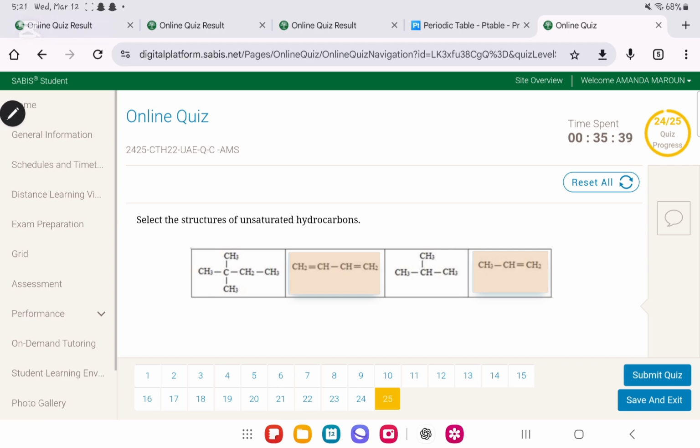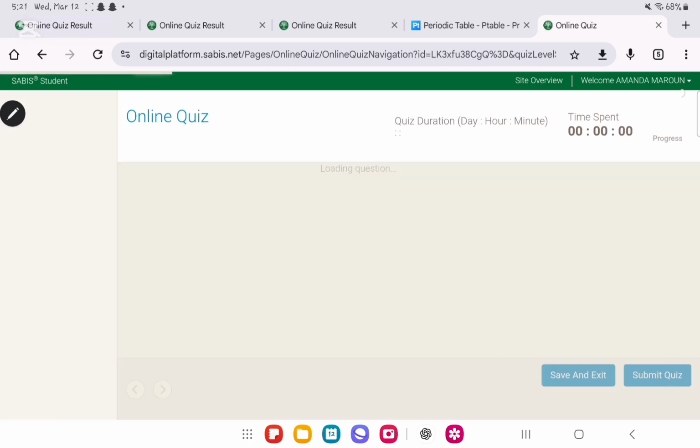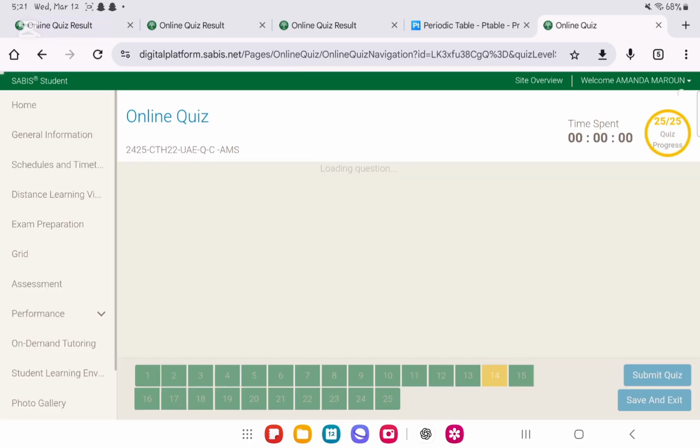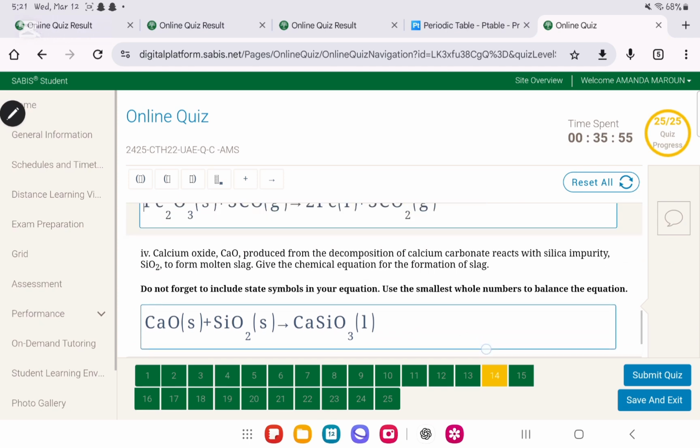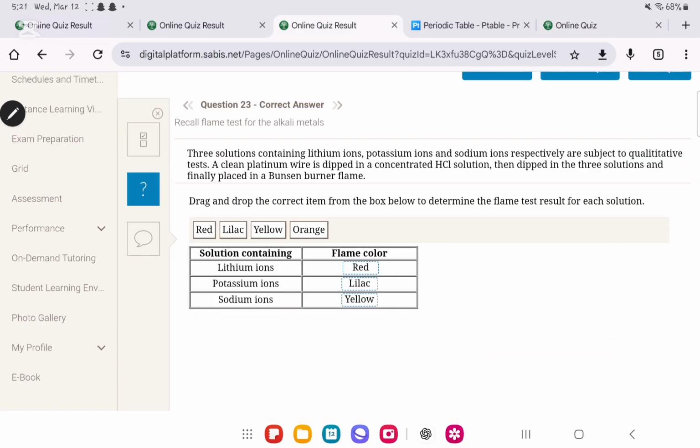So let us submit. I hope there were no mistakes. I think there might have been a mistake with one of the typing questions, so let us see. Yes, there is a mistake with the typing question. I noticed this mistake and I found it really funny. Look here in the online quiz result. This is which question? Question 14.